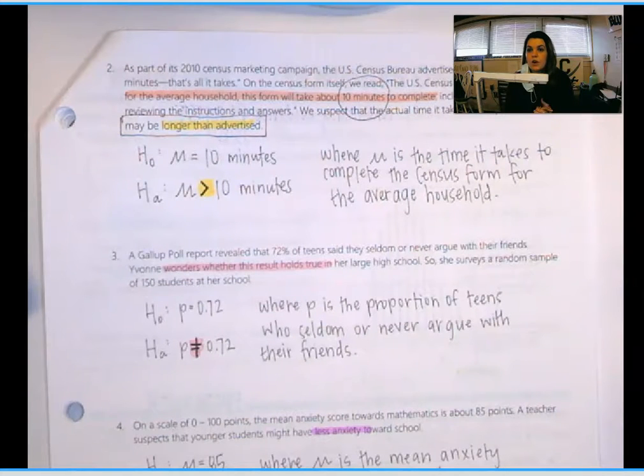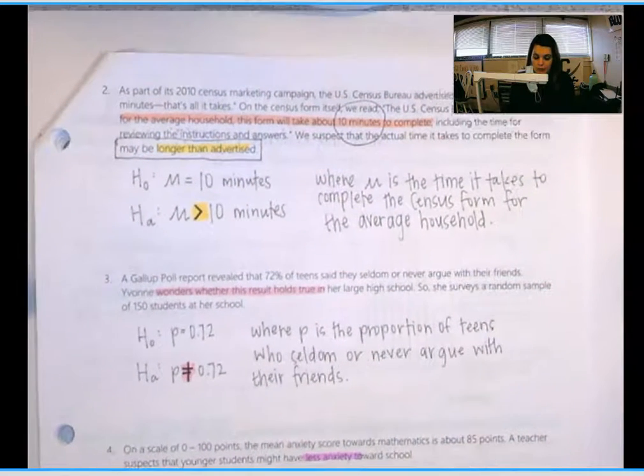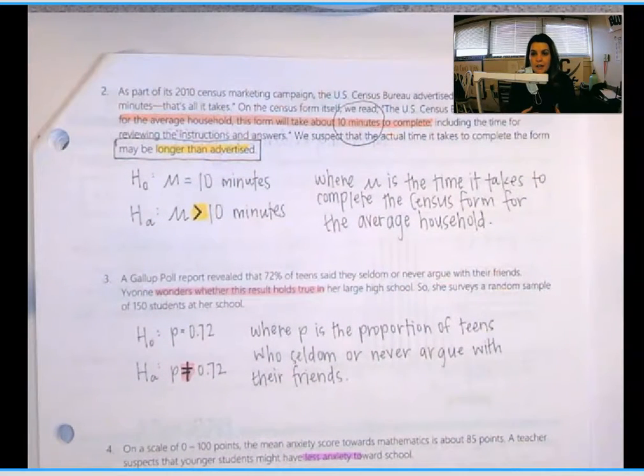These solutions are for stating hypotheses. They don't really require very much explanation. In the prompt, I tried to highlight the phrasing that indicated what my alternative would be, so hopefully that is helpful.